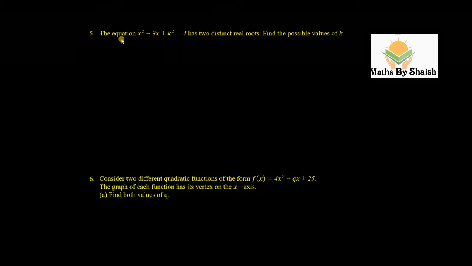Number 5: the equation x square minus 3x plus k square equal to 4 has two distinct real roots. So again D should be greater than 0, and we can compare a, b, c.